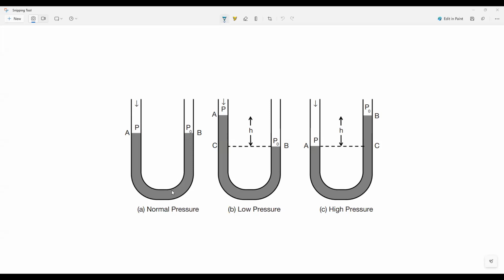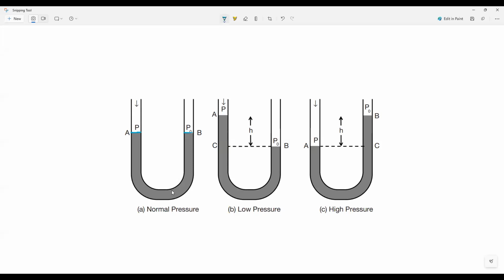If it is normal pressure, all of you observe, when both the arms of the manometer are exposed to the air, the level of liquid in both the arms is equal. Will you all agree with me, everybody? The level of fluid in both the arms is equal. Am I right? Please respond, guys.